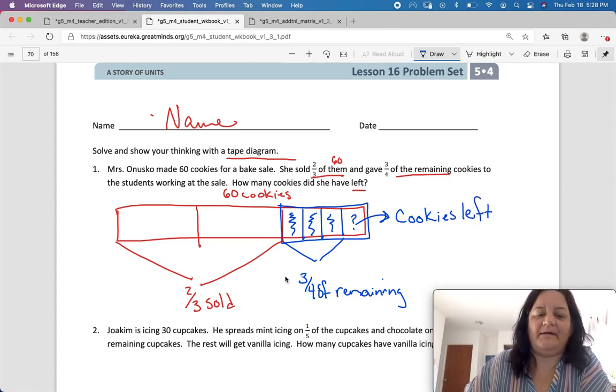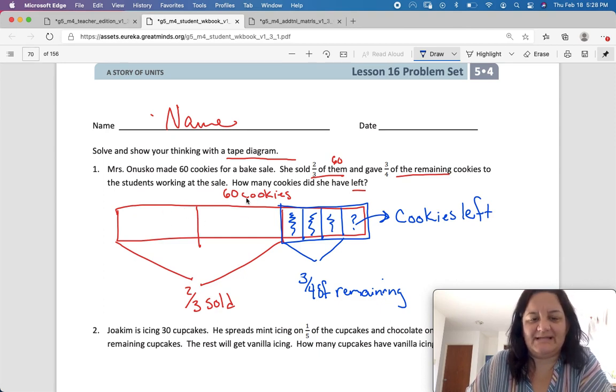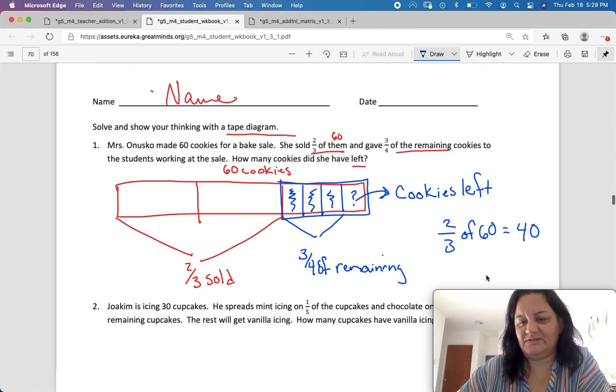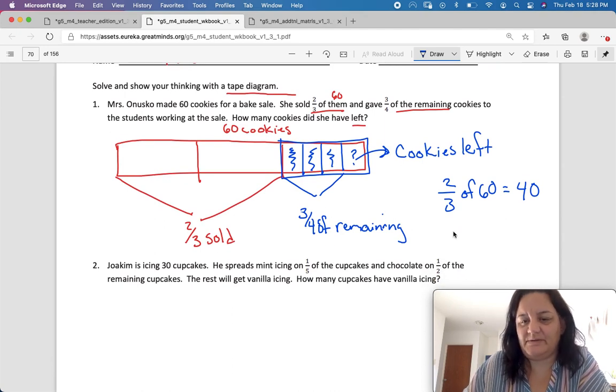Okay, well, let's start with the big numbers. 60 cookies and 2/3 of 60. So 2/3 of 60, you know, equals 40. Okay? Do I have to show you that, or can you, I'll show you. Okay, that equals 2 times 60 over 3, which would equal 120 divided by 3, which would equal 40.